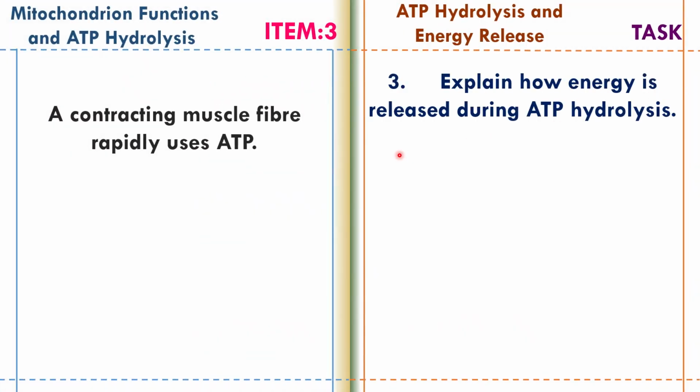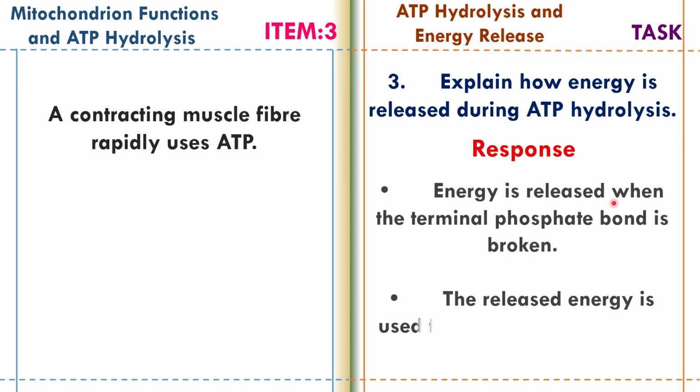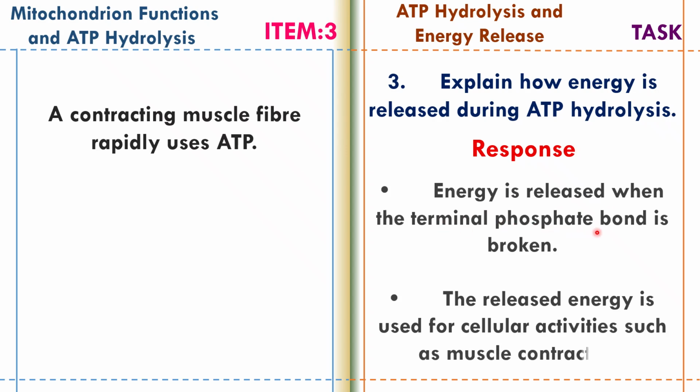Explain how energy is released during ATP hydrolysis. Energy is released when the terminal phosphate bond is broken. The released energy is used for cellular activities such as muscle contraction.